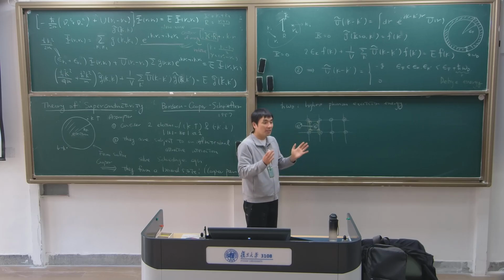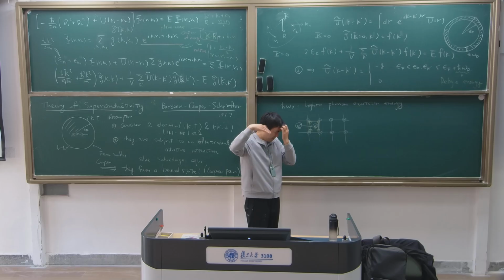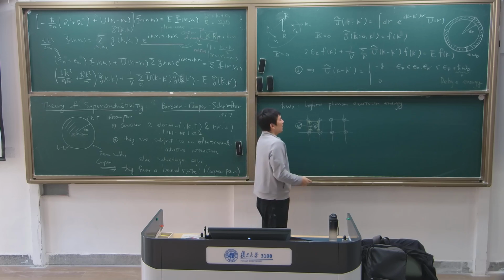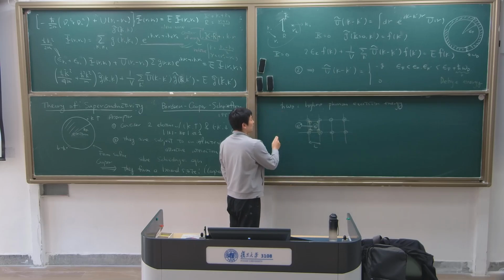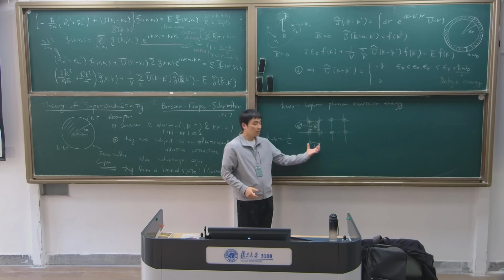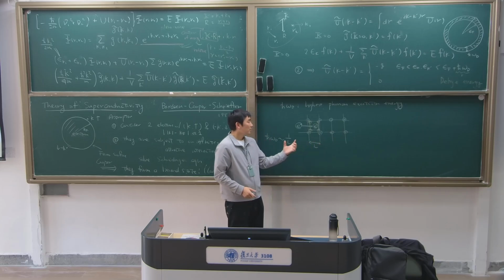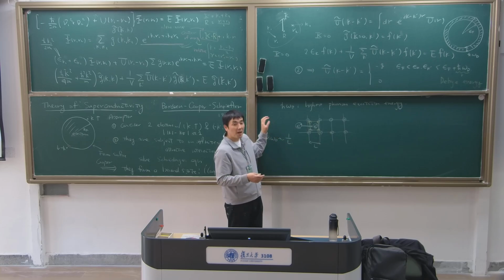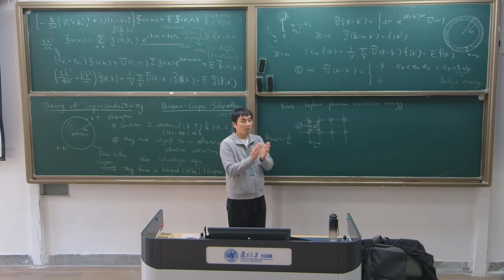And this attraction has a maximum excitation energy. Roughly speaking, there's an L here. If you have an L here, it's the Debye energy. The maximum energy is roughly 1 over L. So if you have lattice length L, then the energy you can get is maximally roughly 1 over L. If you want a higher energy, the lattice length needs to be smaller.